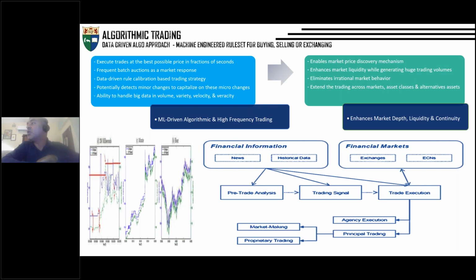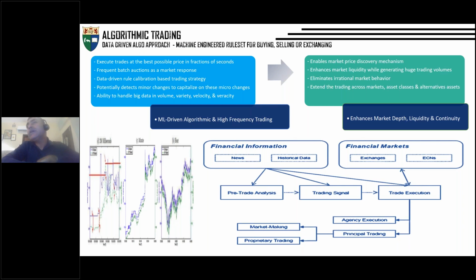It is touted to be a war of algorithms in the market, right? One firm's algorithm is competing against another firm's algorithm. So it is touted to be a war of AI driven trading algorithms in the market.